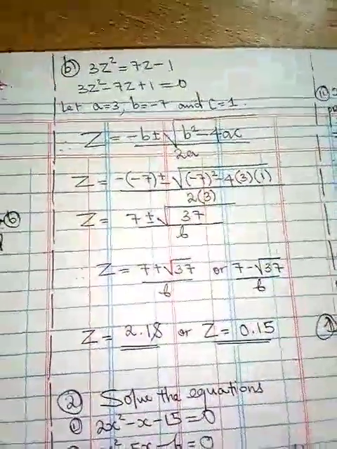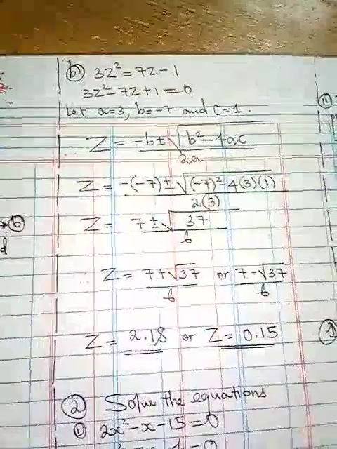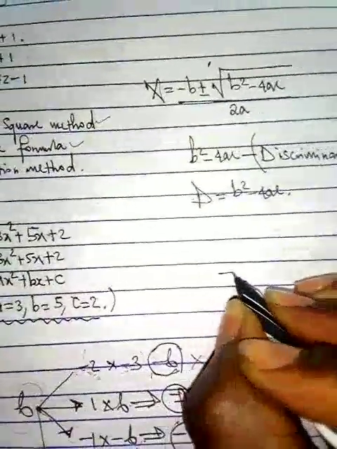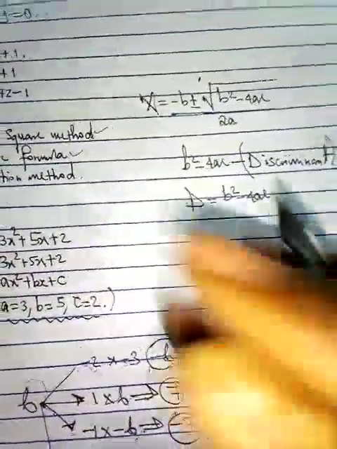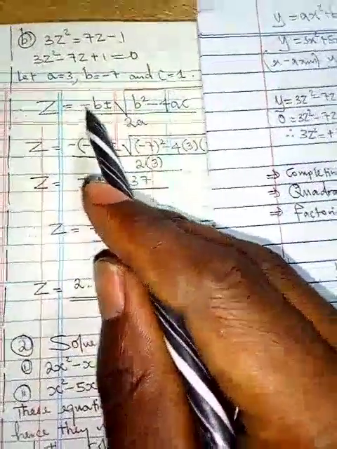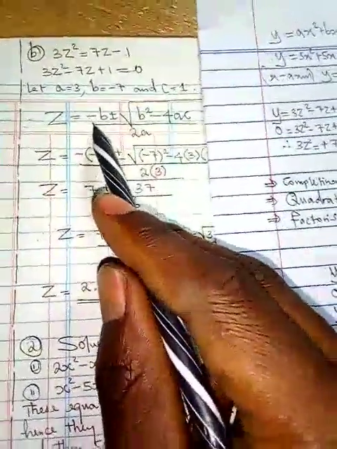The negative is already part of the formula, so be sure to observe signs here. Someone, when trying to substitute here, can just go directly and say negative 7, not remembering that there is already a negative sign there. No, right?